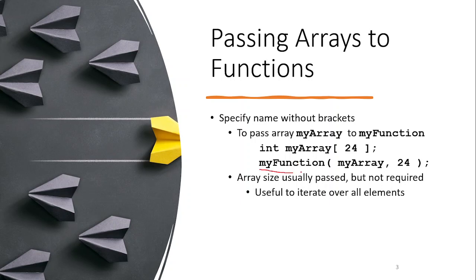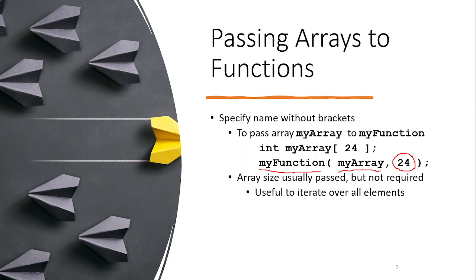So this is your function, and this is the array that we want to pass. We just pass it the name of the array without anything else. And as a separate argument, so this has two arguments, we pass it the size of the array. Now this is not mandatory, it is not mandated by the compiler. The compiler doesn't say that it's compulsory that you pass the size of the array to this function.